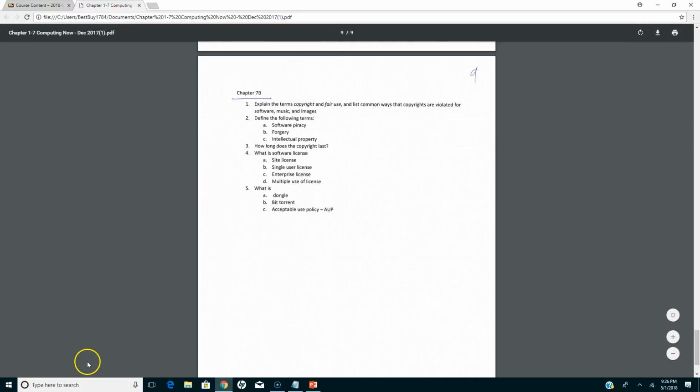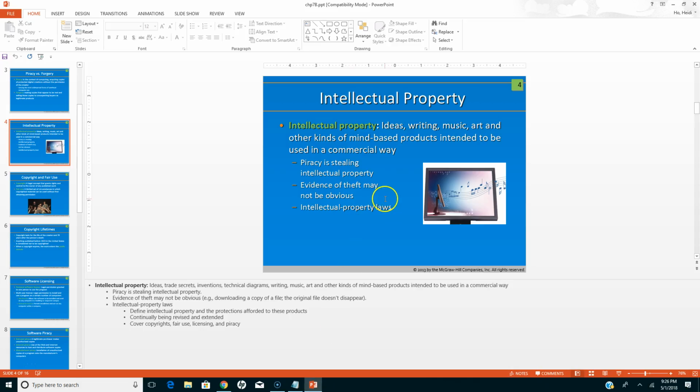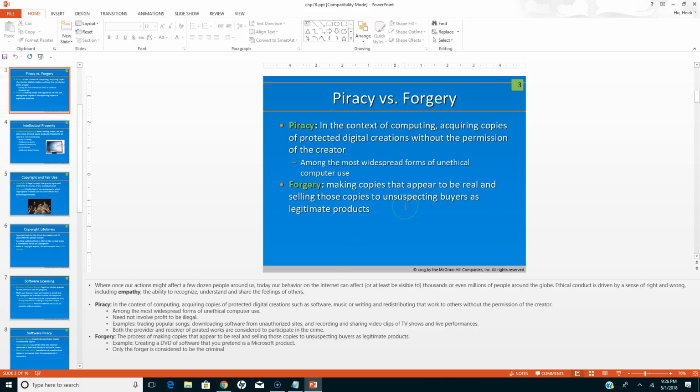The second question is: define the following terms: software piracy, forgery, and intellectual property. Let's talk about piracy. If you go to slide number 3, piracy is defined as acquiring copies of protected digital creations without the permission of the creator.